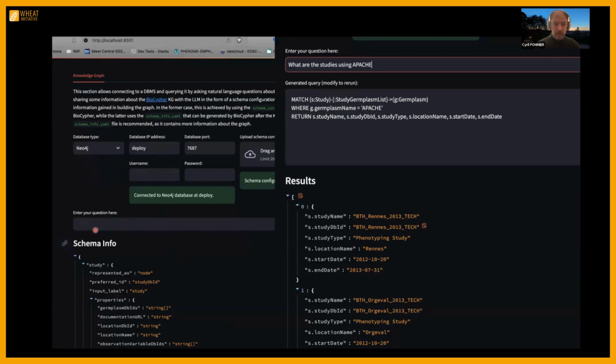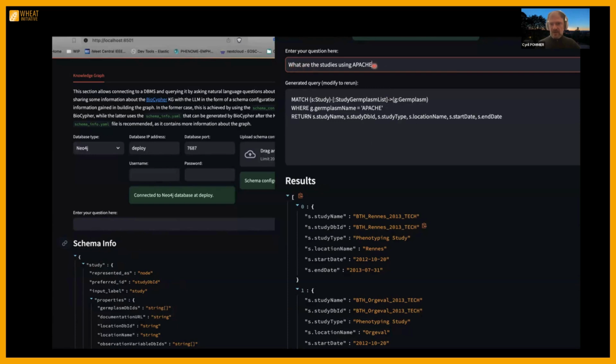Once configured, we can set it up in less than a minute. Here you see the prompt entry, and the schema info if you want more information on how the data is modeled. And here an example of the answer to the response.